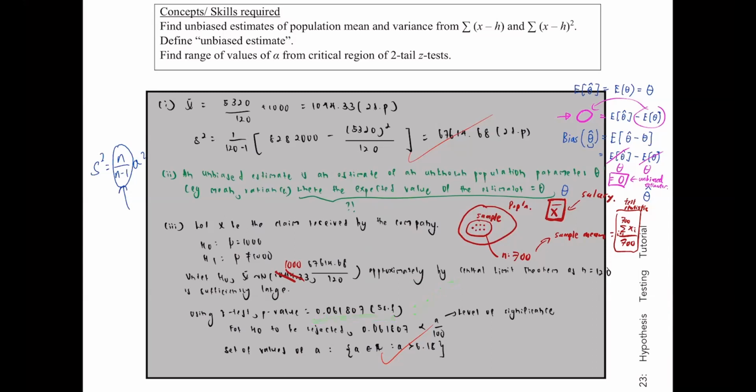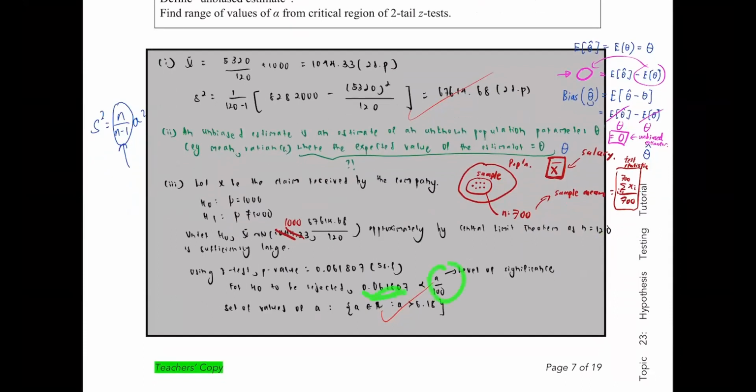In order for you to reject this, you need the p-value to be less than the alpha %. Okay, they gave alpha %. So alpha is usually like 5% kind of thing, right? So alpha is a whole number.